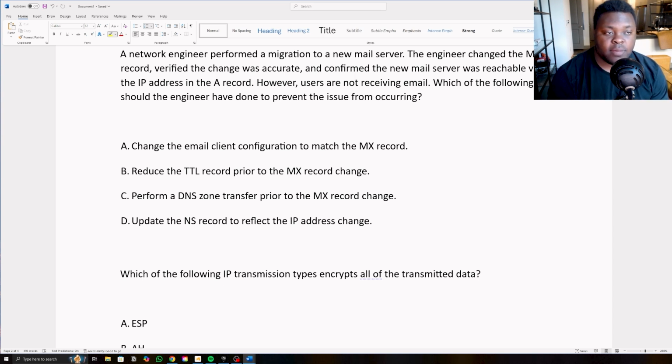So it looks like the previous mail server is still living, and reducing that TTL would migrate all those users over to the new mail server. So I'm leaning towards B.